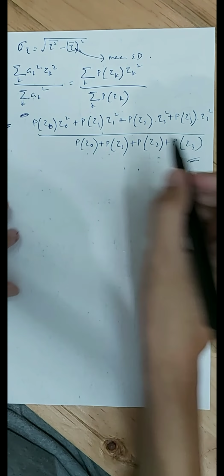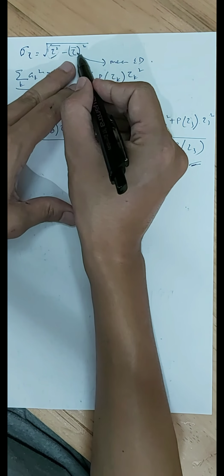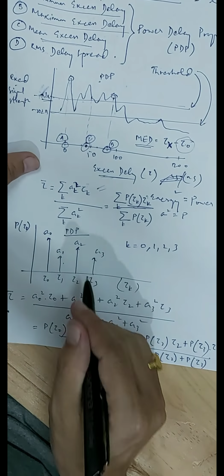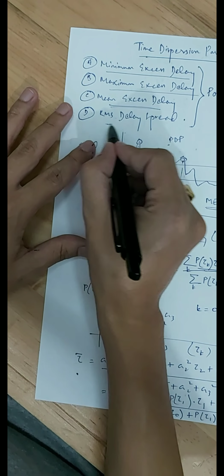This will be your formula for this first part. So using this formula, we'll get the RMS delay spread.